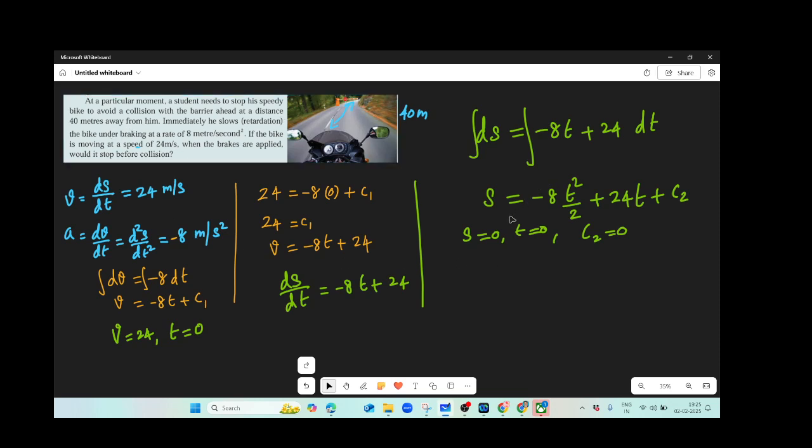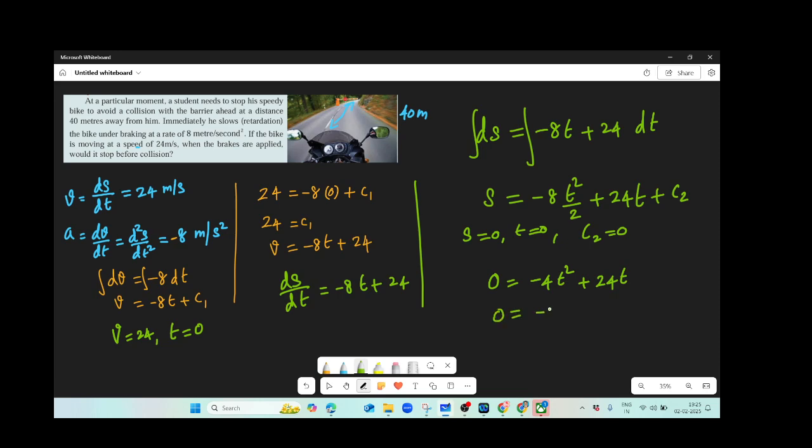Now what they said, we have to find displacement 0. What happened? If you put 0 here, 2 can cancel. So minus 4 t square plus 24 t equal to 0.